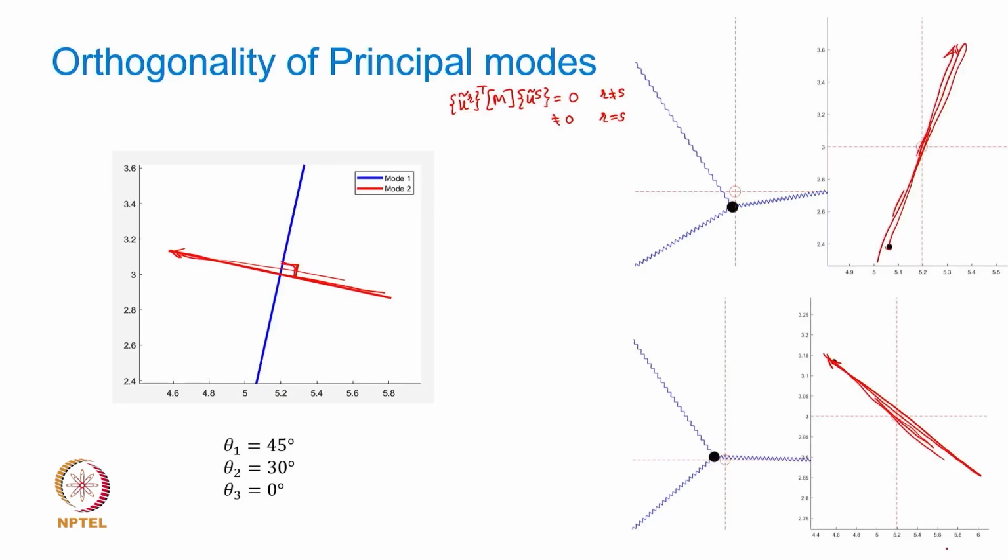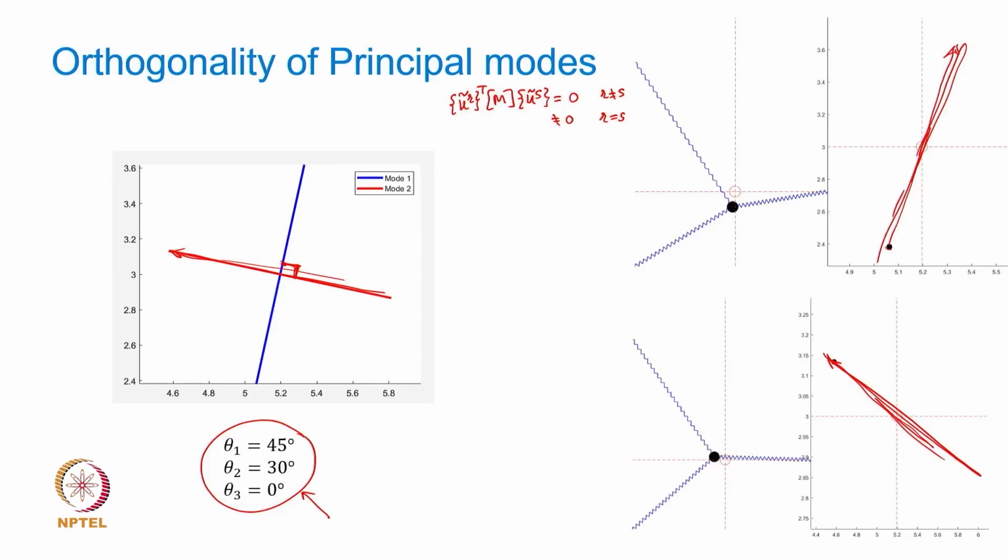If we change the parameters, that is these angles at which the springs were located, you can verify that this 90-degree modal vector orientation is valid irrespective of the configuration or mass. So it is a property of the system, and it's not by chance that we are observing it in this particular configuration.